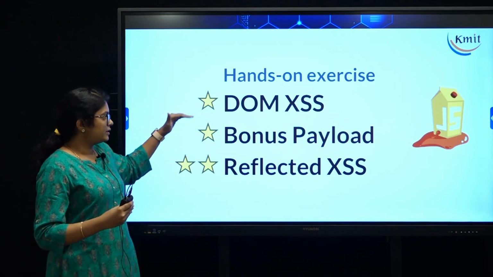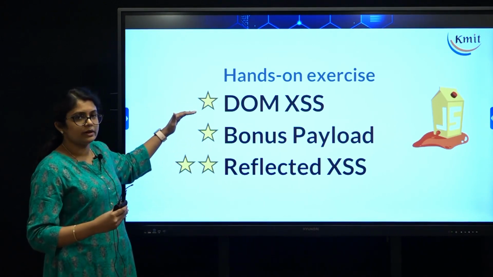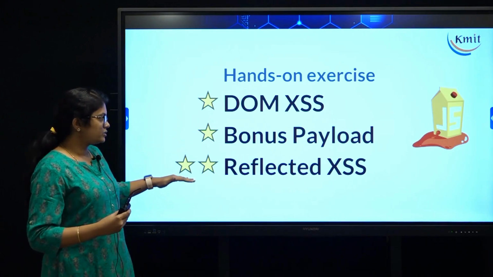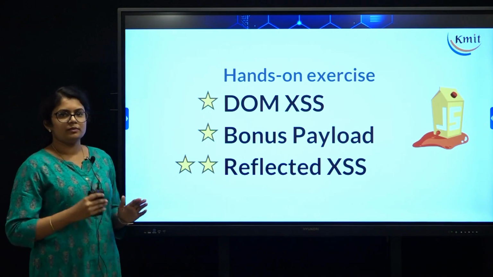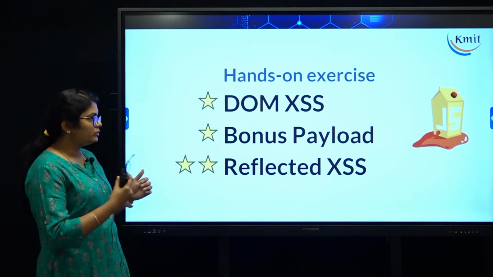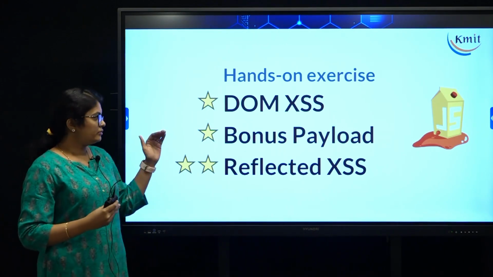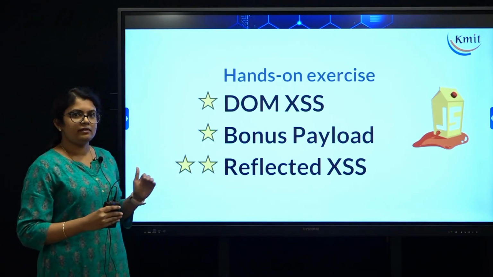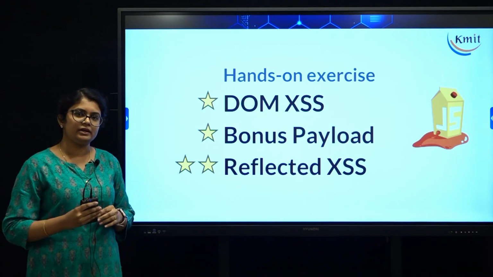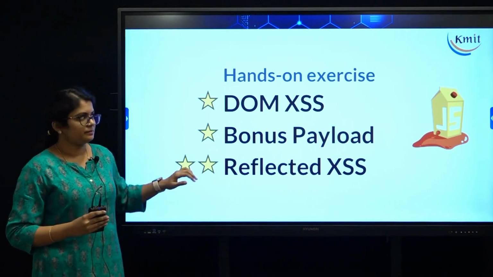But once you understand these two challenges and are able to solve them, then you can quickly solve the reflected XSS attack also. In case you are not able to solve it, do revisit this video, visit the reflected XSS part of the explanation so that you understand where exactly to look for the vulnerability in the Juice Shop website.